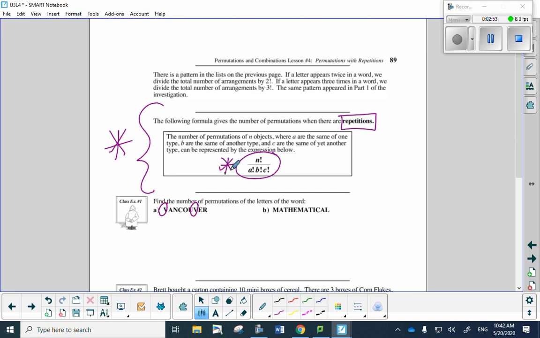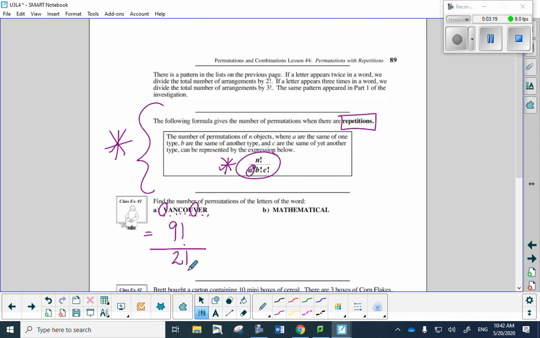So all you have to do is use this formula. Your numerator is the total number of letters that we're arranging. So we've got 1, 2, 3, 4, 5, 6, 7, 8, 9. So this is going to be equal to 9 factorial divided by, there's one letter, V, which is repeating. How many are repeating? There's 2 of them. So this is where we would use, say, it represents the A, so this would be divided by 2 factorial.